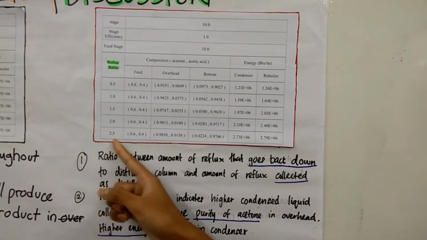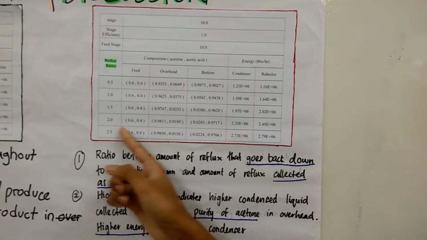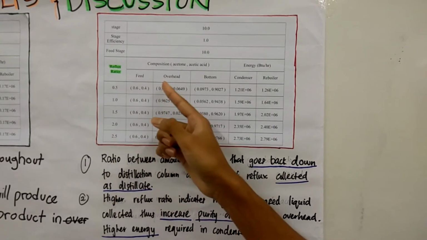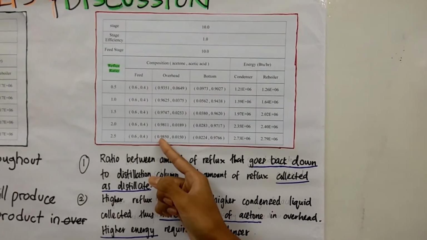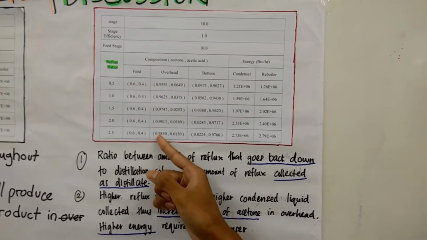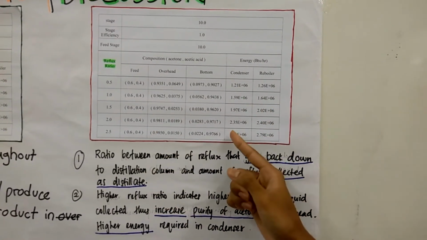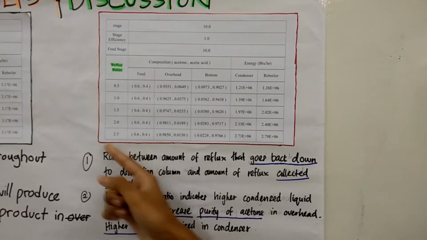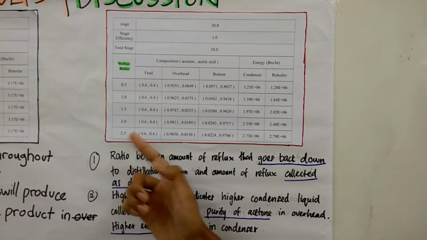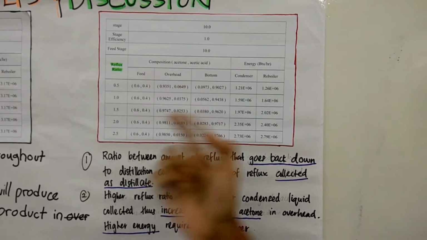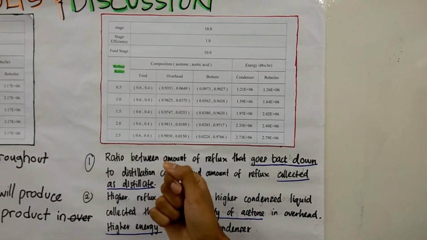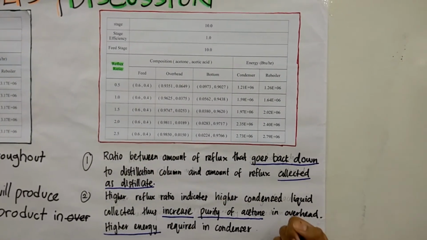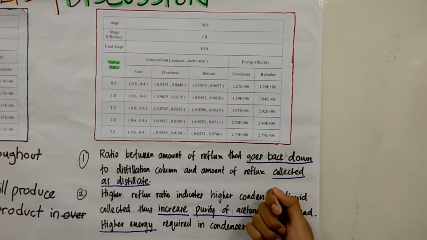So I'm going to highlight the highest reflux ratio. The highest reflux ratio shows the highest composition of acetone in the overhead product, and it also has the highest energy value in the condenser and reboiler. What that means is that the highest reflux ratio has more amount going back to the distillation column rather than being collected as distillate.